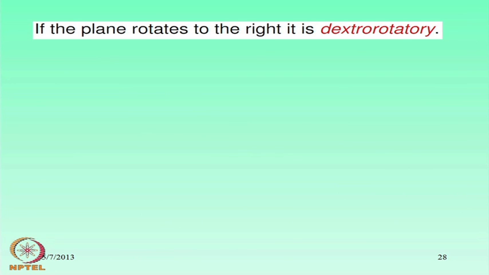If the plane rotates in the right hand direction, we call the molecule a dextrorotatory compound. So, related to the direction of rotation, we call it dextrorotatory.